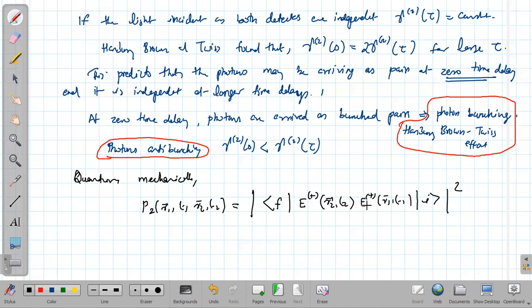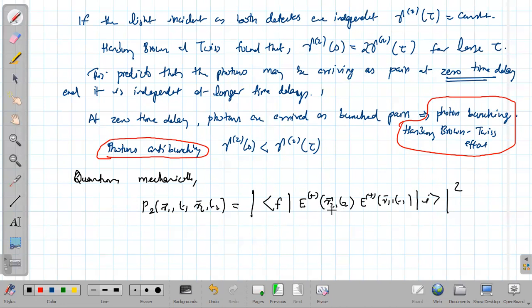This E+ is the annihilation operator corresponding to the field reaching the first detector, and E+(R2 T2) is the positive frequency part, or the annihilation part, which reaches the location of the second detector at R2 T2.